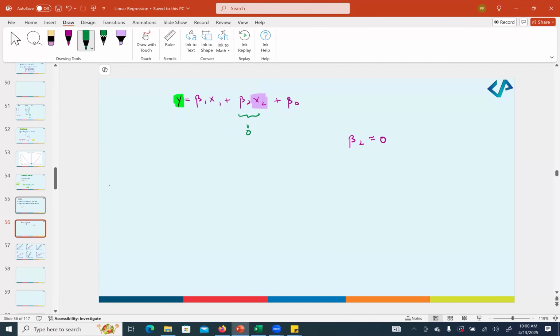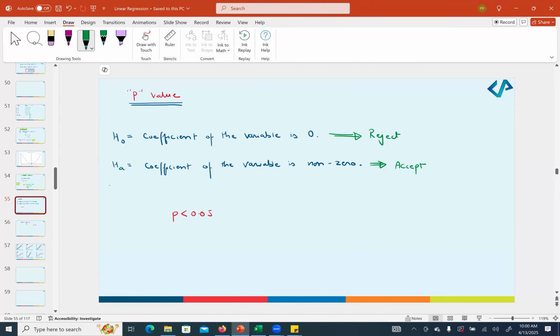That's the benefit of the p-value. If the p-value is greater than 0.05, I accept the null hypothesis, that is, the coefficient is close to 0. But when the p-value is less than 0.05, I can say that the coefficient is not close to 0. That's why the variable is important.